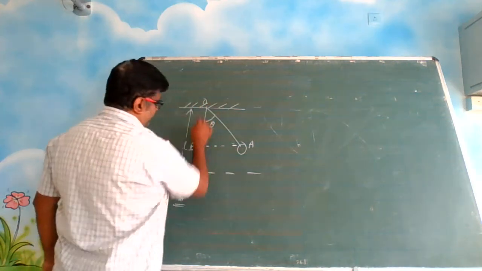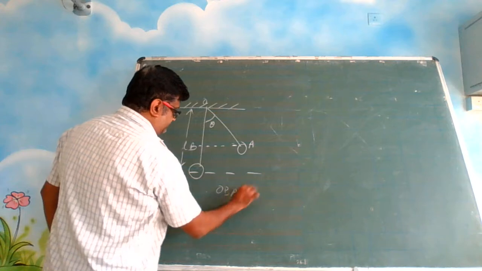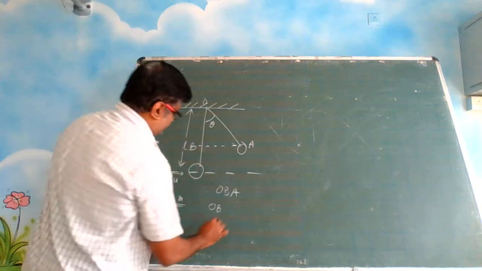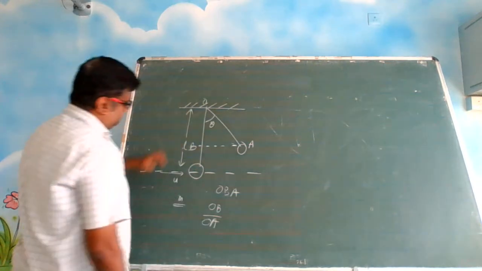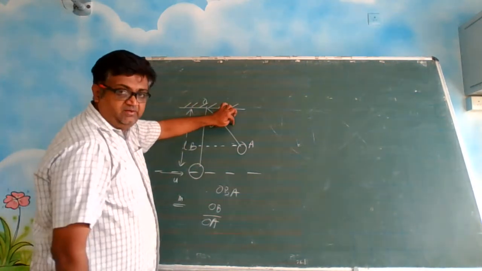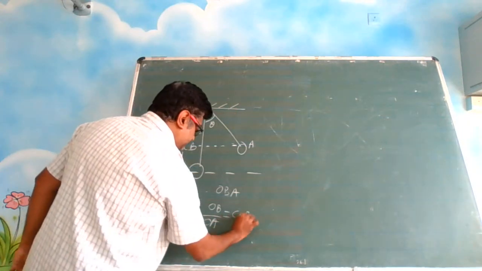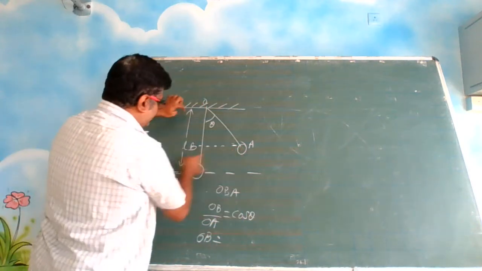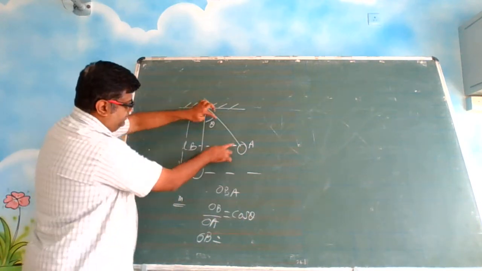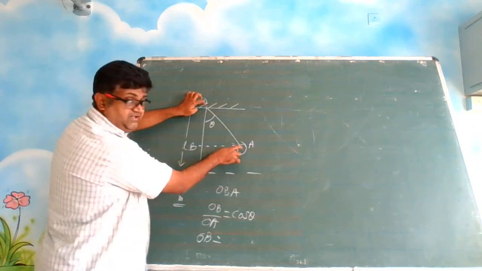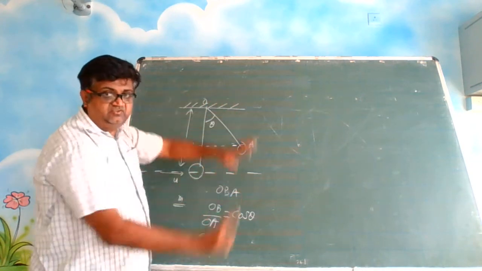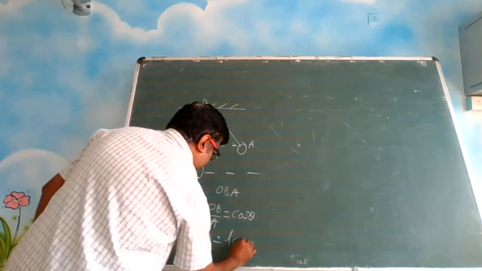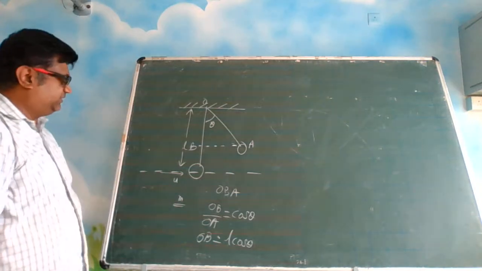In triangle OBA, OB divided by OA, adjacent by hypotenuse, is equal to cos theta. So OB is OA cos theta, but OA is the same L. It may look a little less, but the string length remains the same. So this is L cos theta.